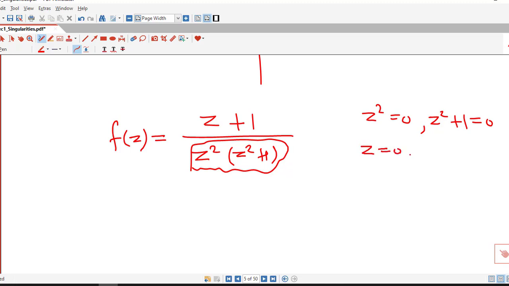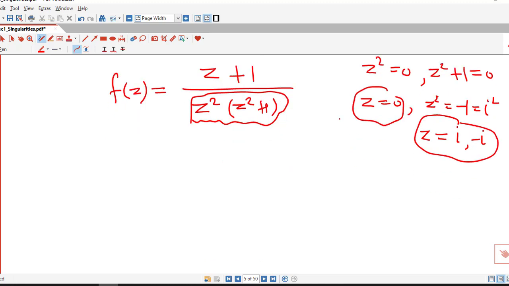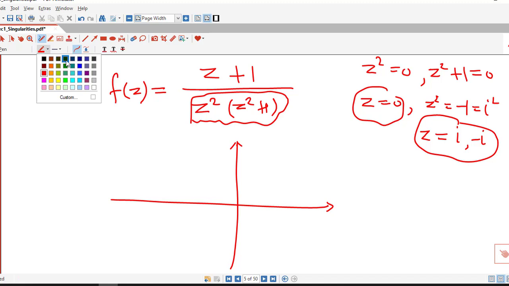So z equal to 0, and z square is minus 1, that is i square, that means z equal to i, minus i. These are the 3 points at which the function is not analytic. So there are chances that these points might be singularities of this function.